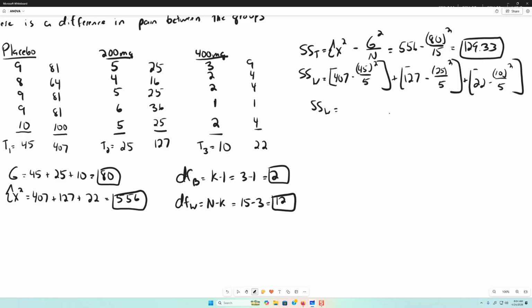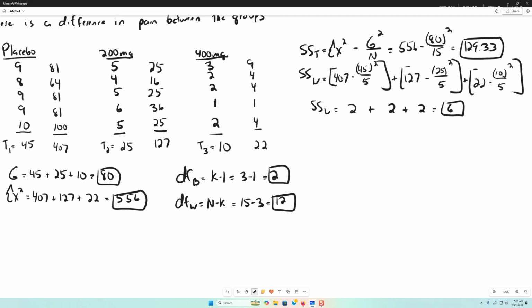So simplifying this gives me 2 plus 2 plus 2. Well, that's strange. 2 plus 2 plus 2 gives me 6.